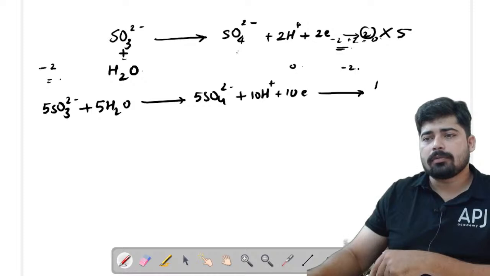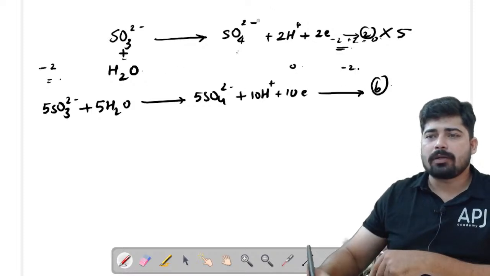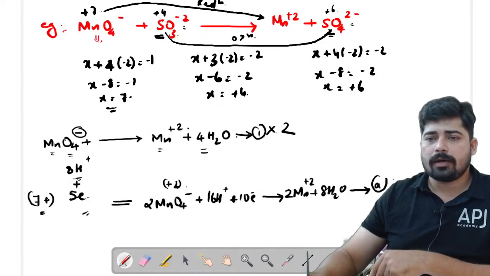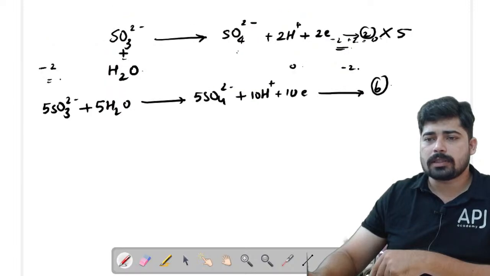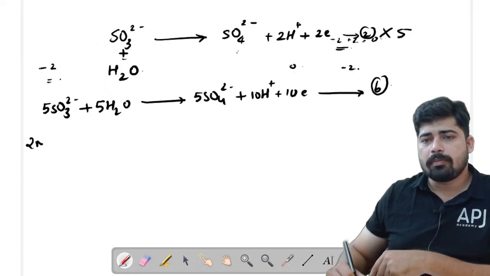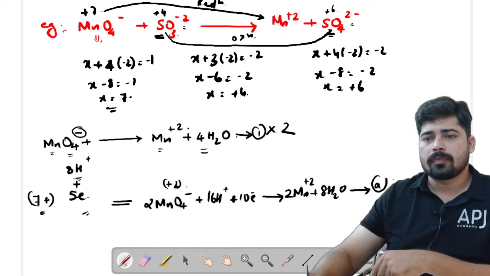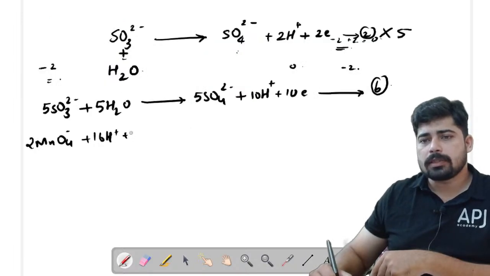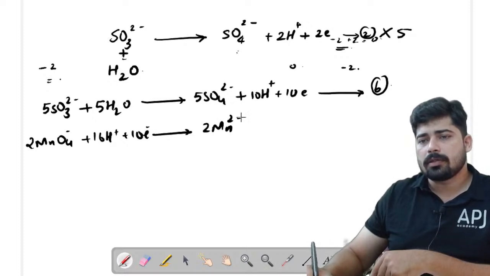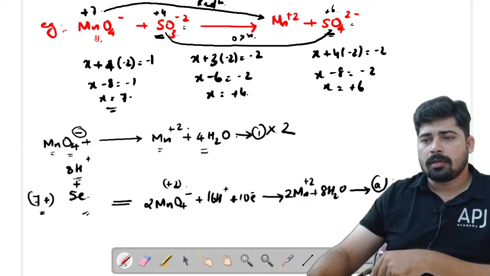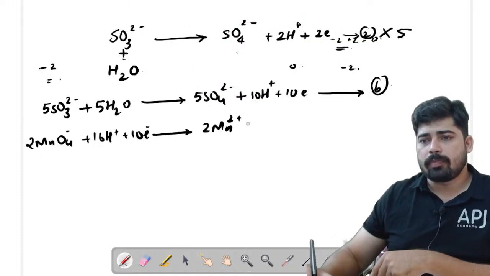That is equation B. Now let's add both the equations. Here we have 2MnO4-, 16H+, 10 electrons, 2Mn2+, giving 2Mn2+, 8H2O, and 10H+.